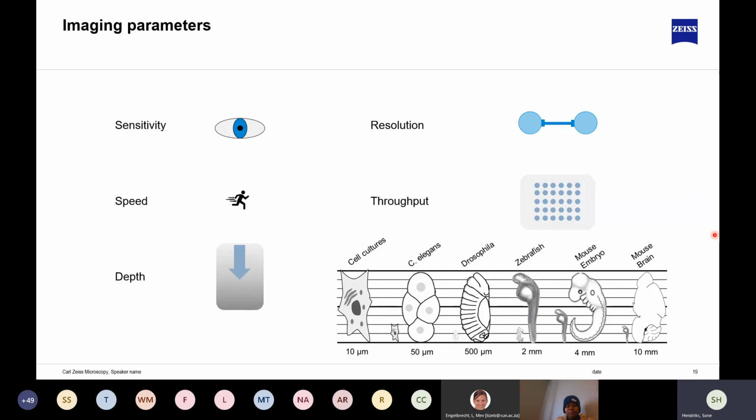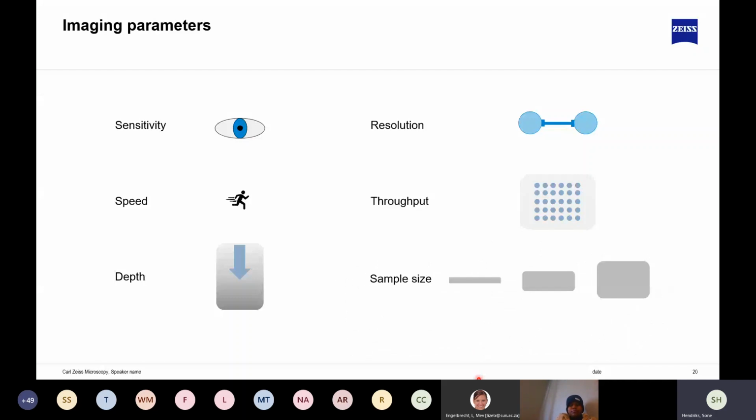One of the biggest hot topics, and most of the inquiries that we work with currently, are people that do organoid or zebrafish type research. So the size of your sample also needs to be one of the biggest considerations to choose the right system. Okay, so for the sake of simplicity in this talk, I'm going to define samples as thin, medium, or large. And then we can consider them more or less equivalent to maybe a cell, an organoid, or a whole zebrafish.